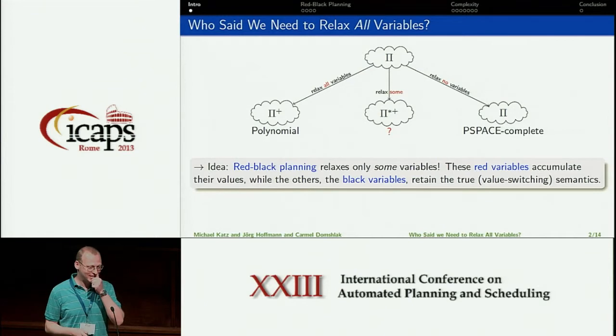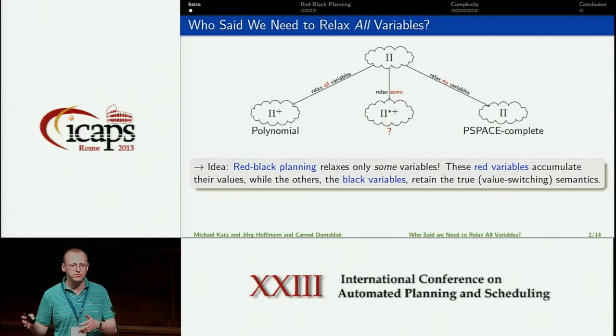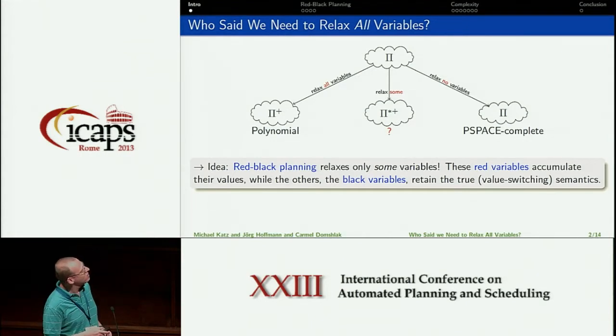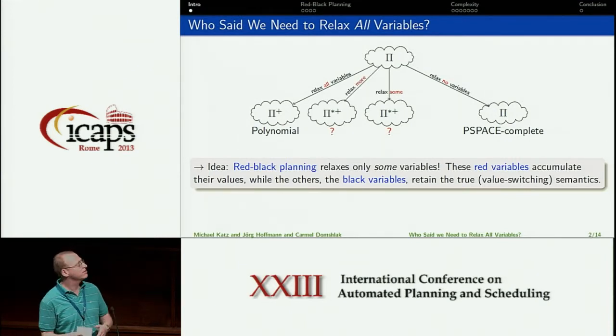So we have those red variables with accumulating semantics and black variables with value-switching semantics. And then we would like to see where our problems fall. We can play with that a little bit. If we relax more variables, we will be closer to the polynomial case, probably.